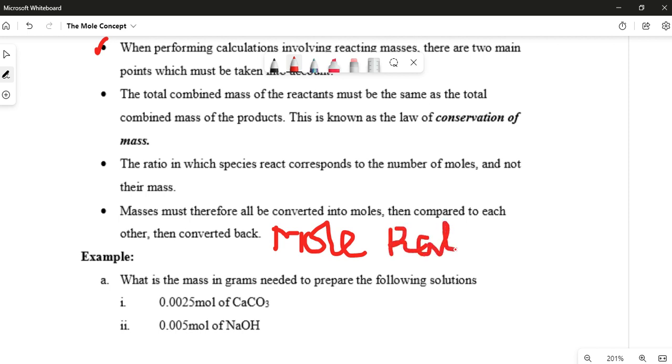Whenever we are given the mass and we want to find the mole or mass for a different reactant or product, we must first convert the mass to mole, then use the mole ratio to find the mole of that product or reactant, and then convert that back to mass. We'll look at this as we move ahead in the video, don't worry.